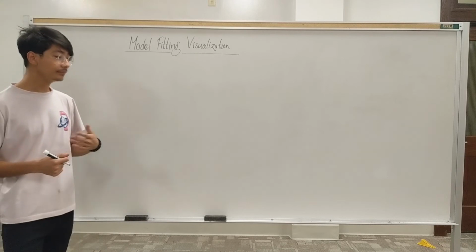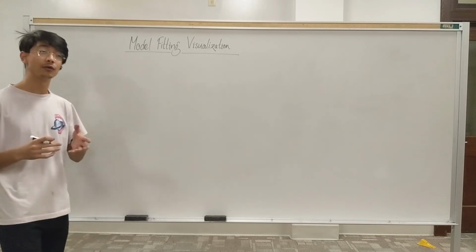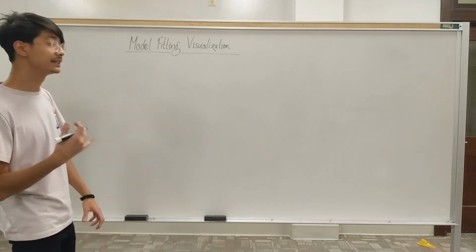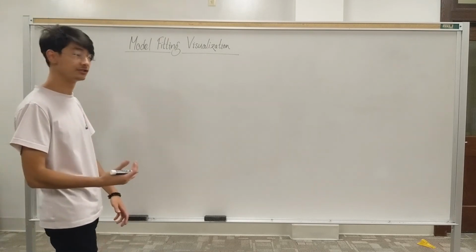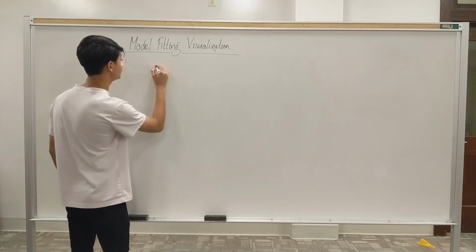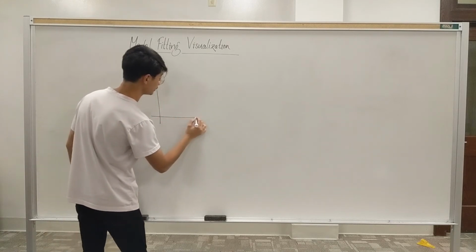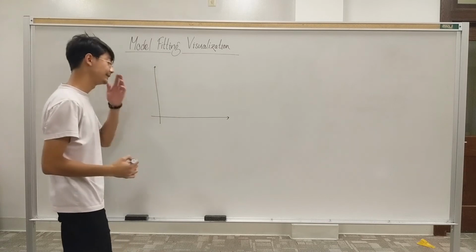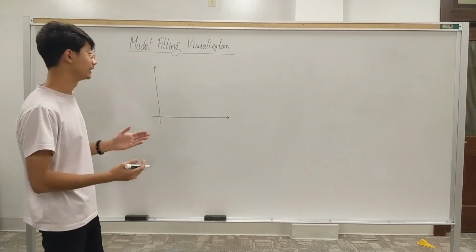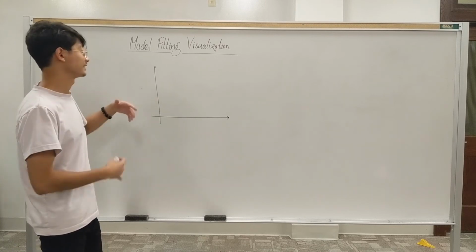But anyways, to explain how we can draw a mesh for our model, let's take a look at a simpler two-dimensional example. So here we have a two-dimensional graph, and say we know that all of our data fits between 1 to 4 in both the x and y axes.